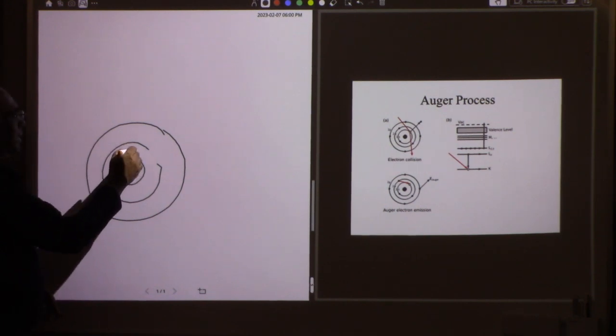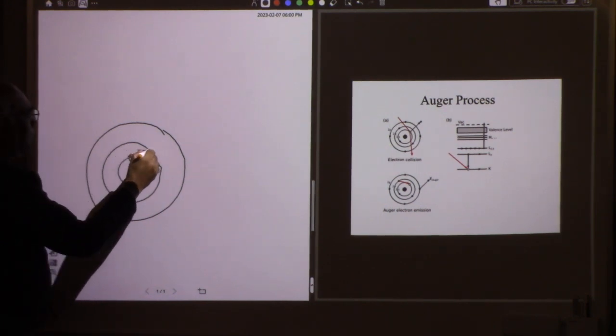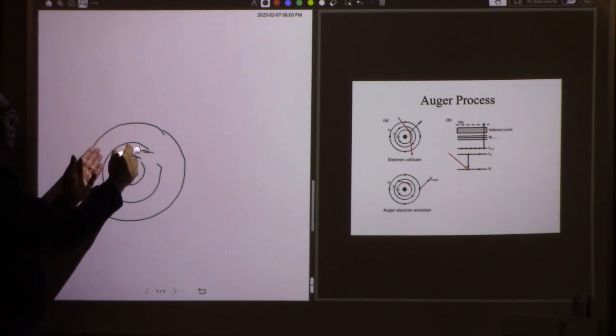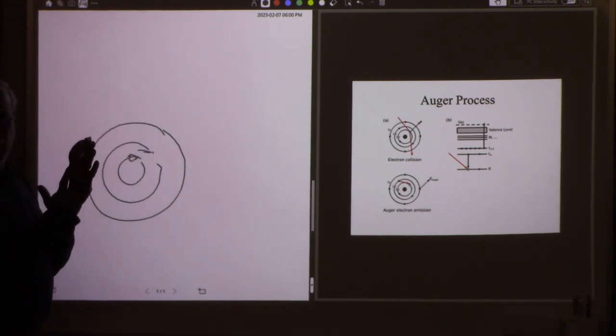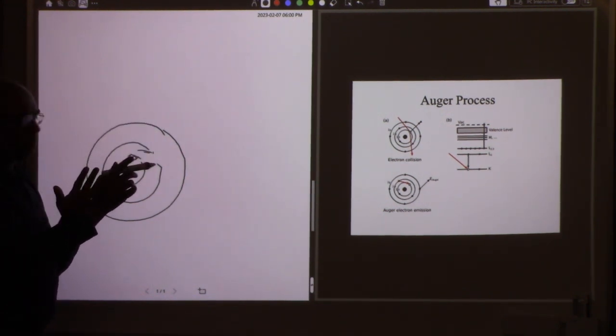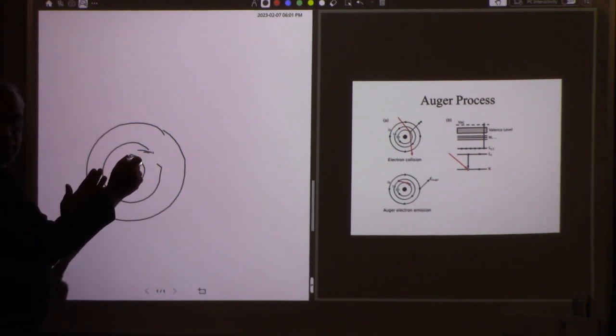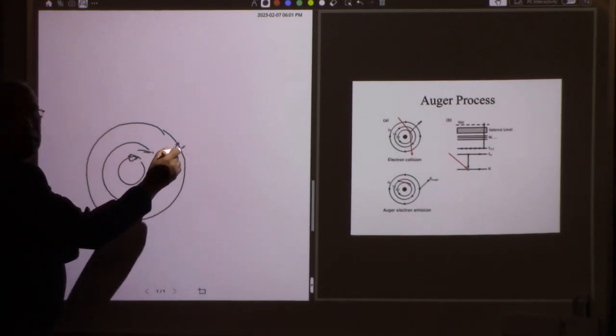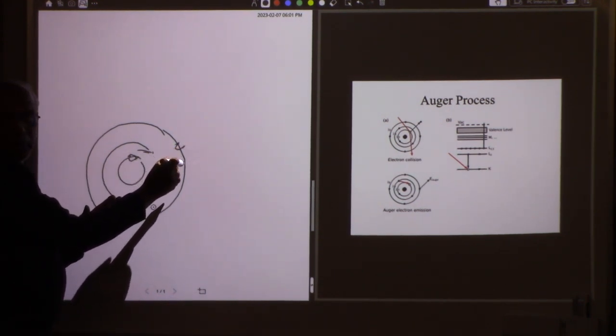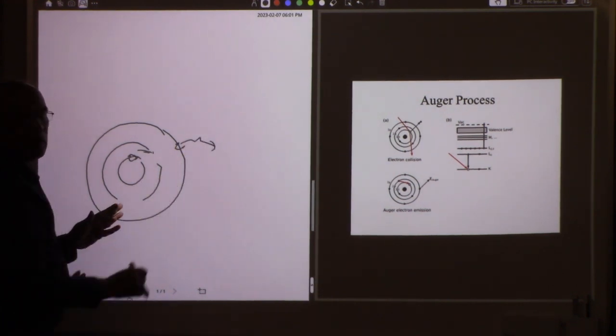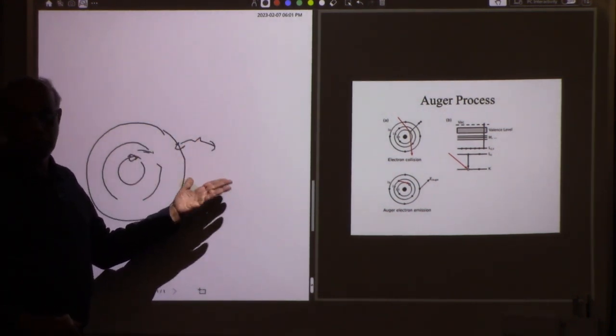This emitted electron, we think it is just going as a photoelectron, but that also has enough energy to knock off another electron from here. That's what we call the Auger emission.